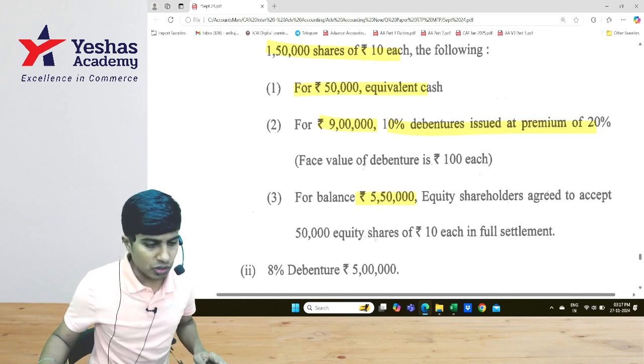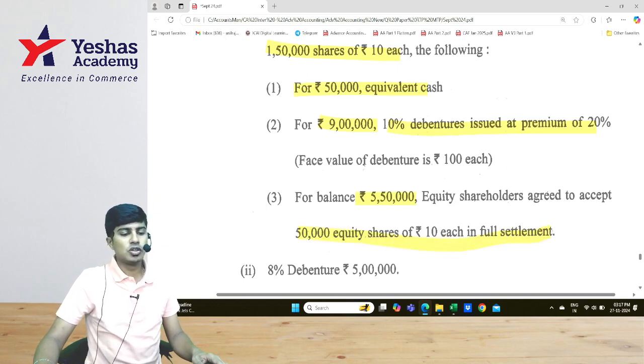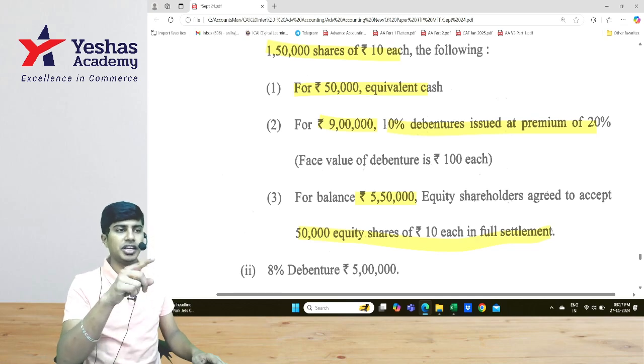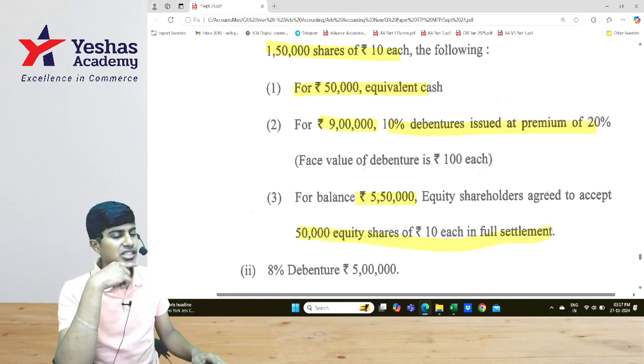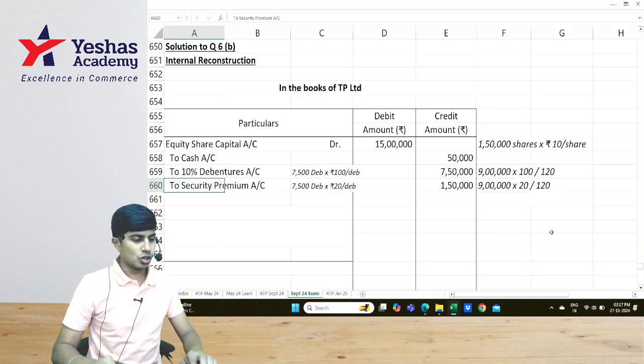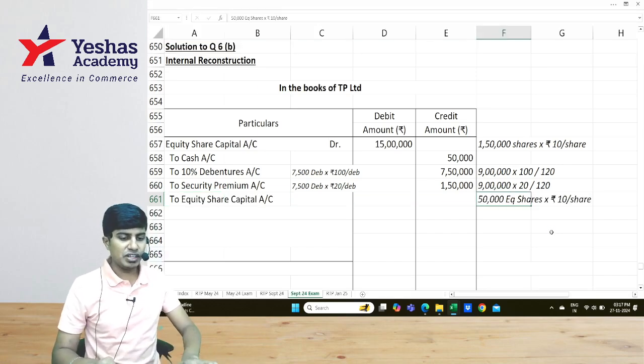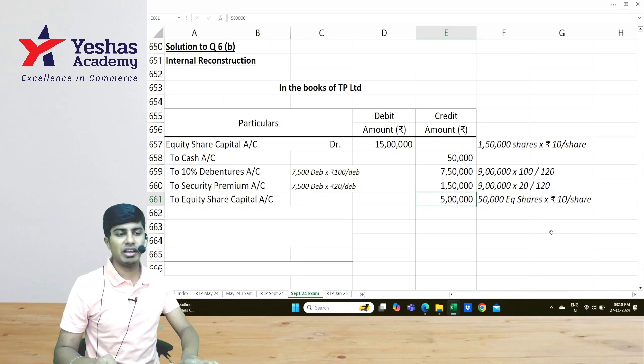Equity shareholders agreed to accept 50,000 equity shares of rupees 10 each in full settlement. So 50,000 equity shares of rupees 10 each should come to 5 lakh. Why is it 5 lakh 50? Is 50,000 again premium? I would credit equity share capital account, 50,000 equity shares of rupees 10 each, 5 lakh.